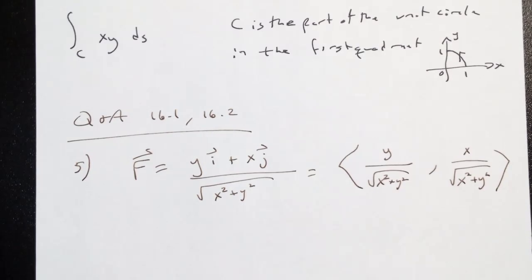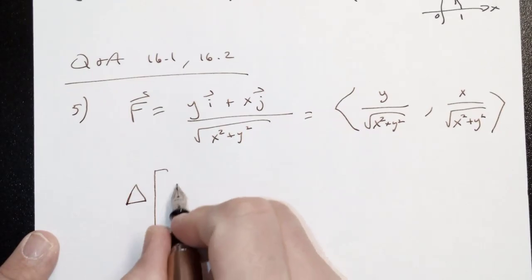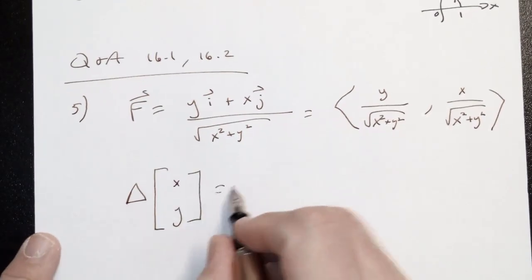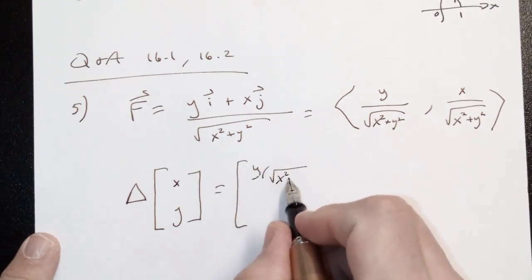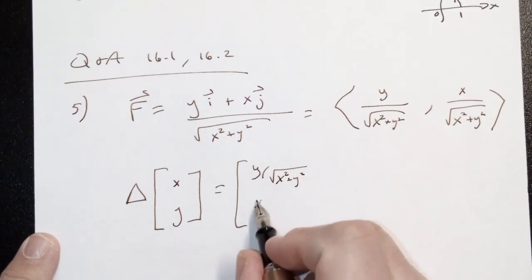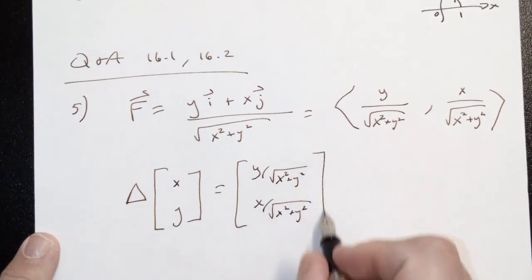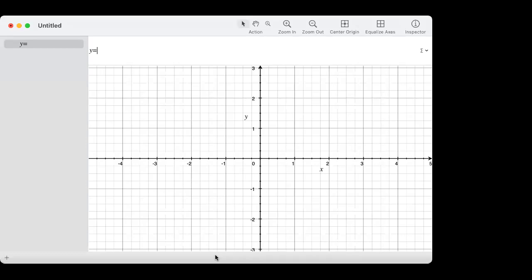So what I'm going to tell it to draw is a slope at the point xy given by that equation. Let me go type it in, in Grapher.